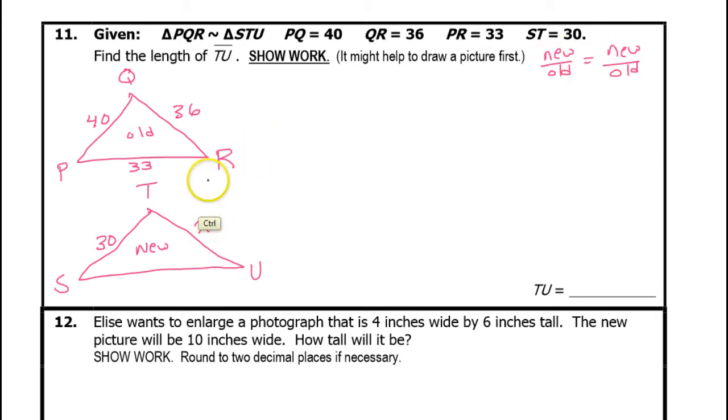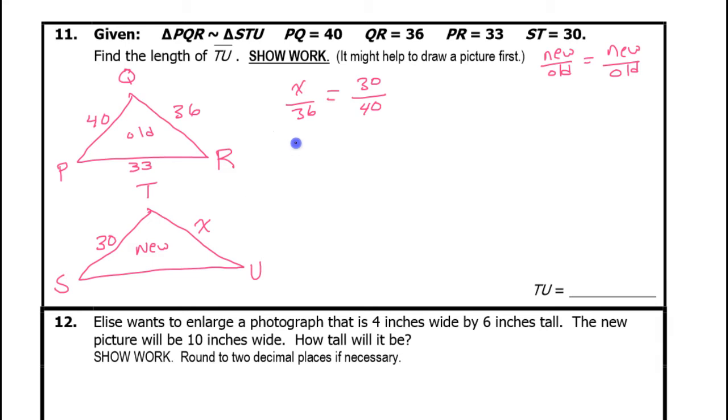So new over old. So these will be corresponding sides. I've lined everything up so that the corresponding sides are all lined up. So that will be x over 36 if I do new over old, so x over 36. And then I'll do new over old again. That will be 30 over 40. And I just have to solve this simple equation.